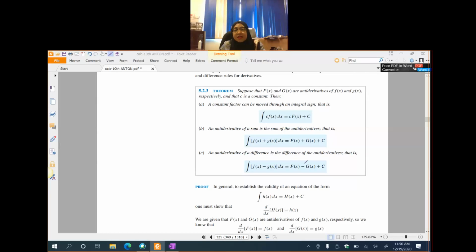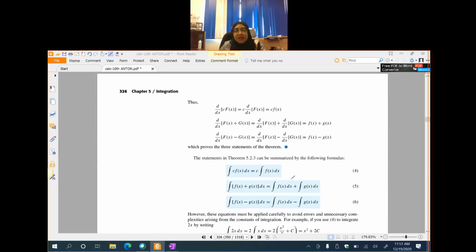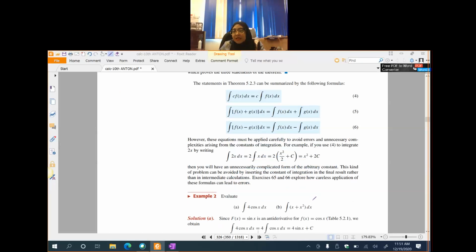But when it involves quotient as well as multiplication, you cannot segregate. It's only available for addition, subtraction and constants. For multiplication and quotient, you cannot simply segregate each of the terms. Is it clear?